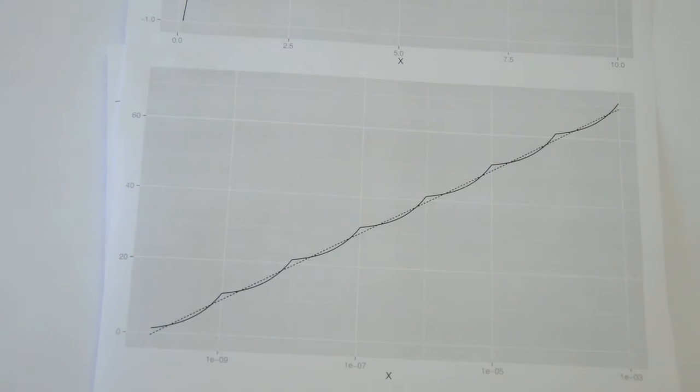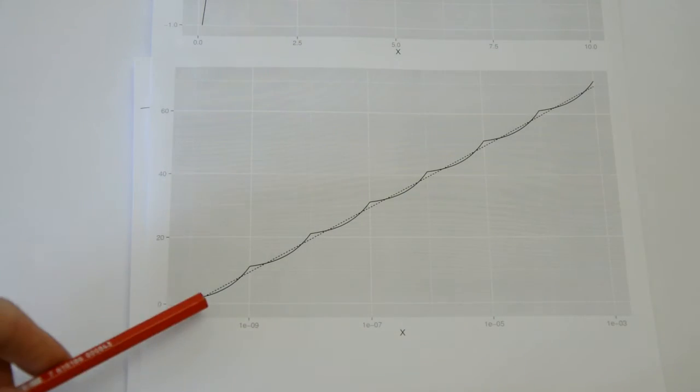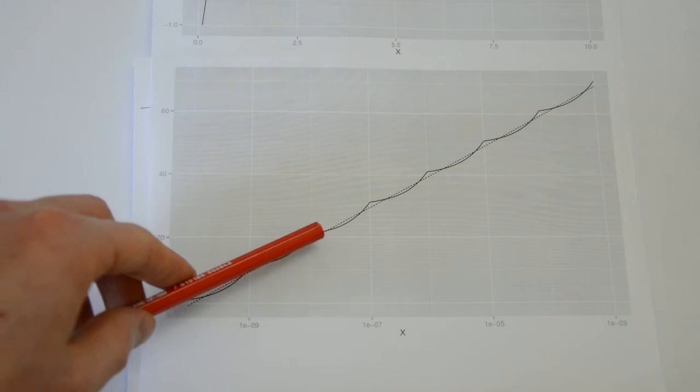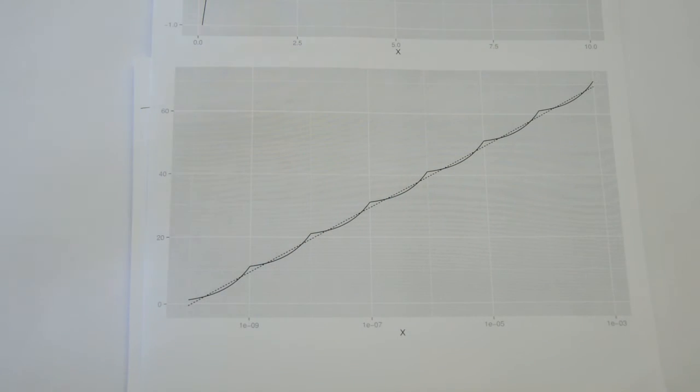So essentially, this wavy line here is exactly what you get. Sometimes it's larger, sometimes it's lower, because due to the fact that this is not computing a perfect logarithm, it's just not linear.